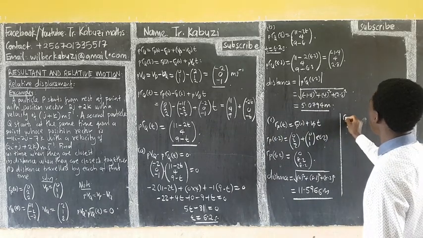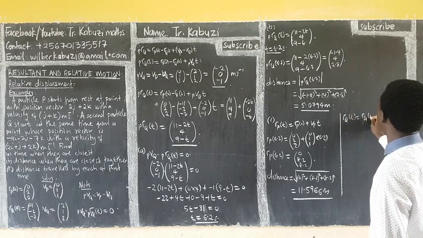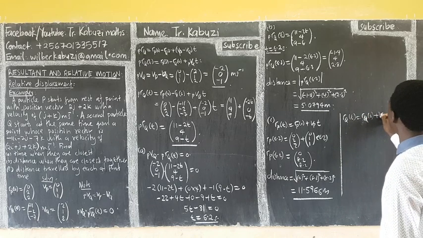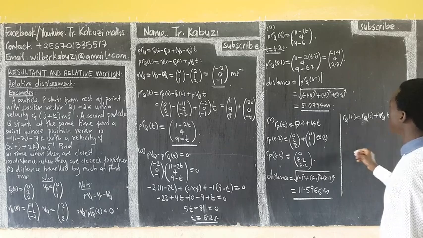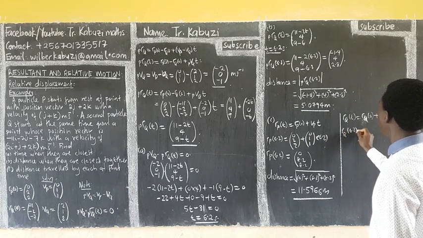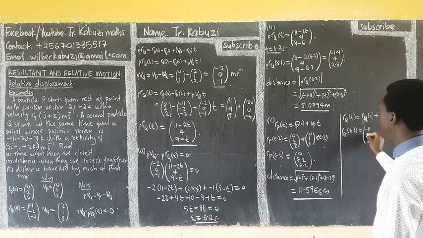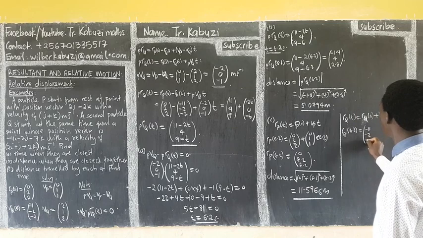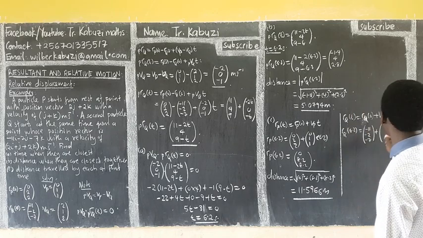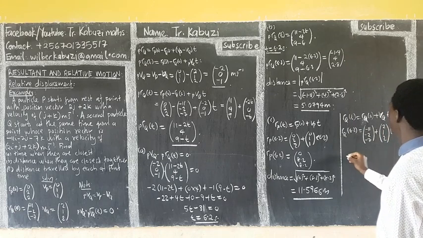Then our R of Q at any time is R of Q initially, the initial position, plus the velocity of Q times t. At this time, it's going to be the initial position of Q, negative 11, negative 2, negative 7, plus the velocity of Q times 6.2.